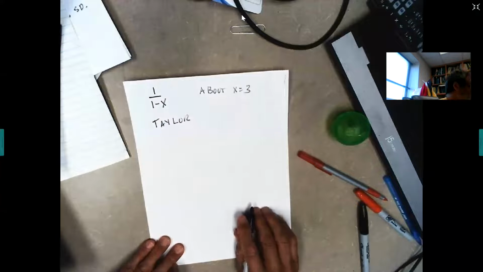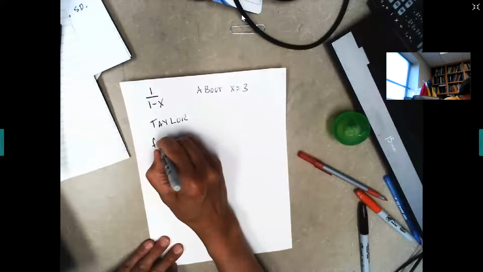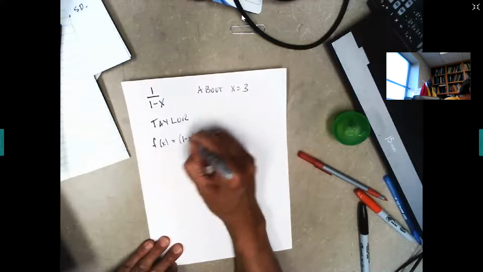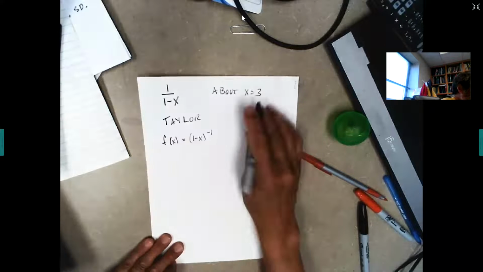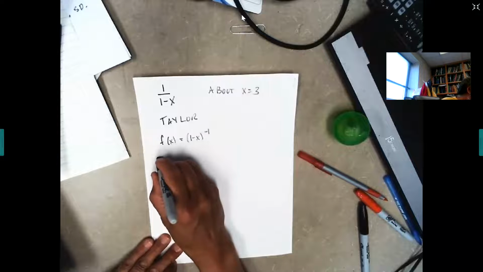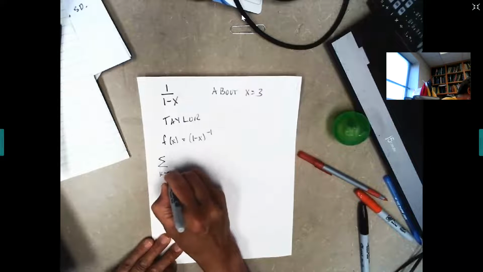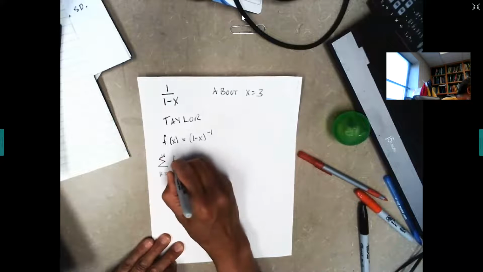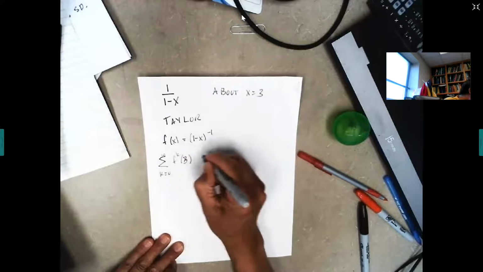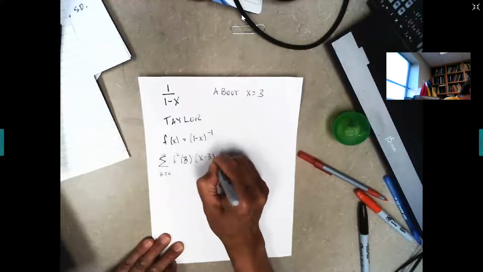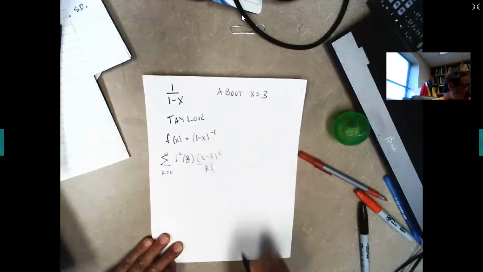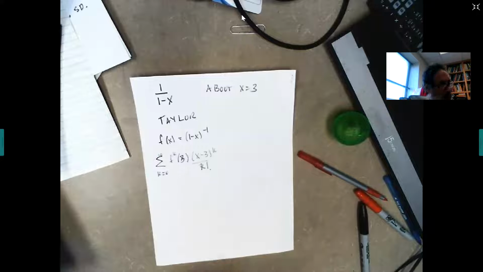Taylor's method says this will be your f, and since we're going to do this about 3, the series will be the sum from k equals 0 to infinity of the kth derivative of f with 3 plugged in, times x minus 3 to the k over k factorial. That's Taylor's theorem here.